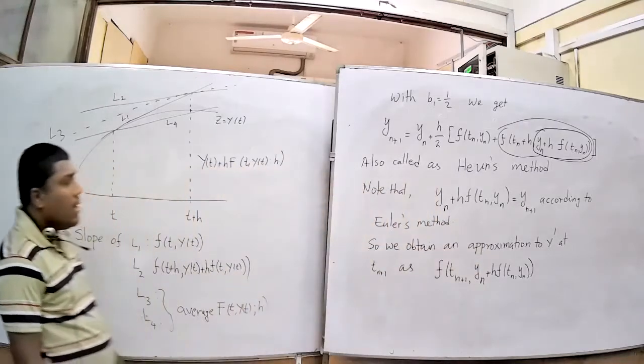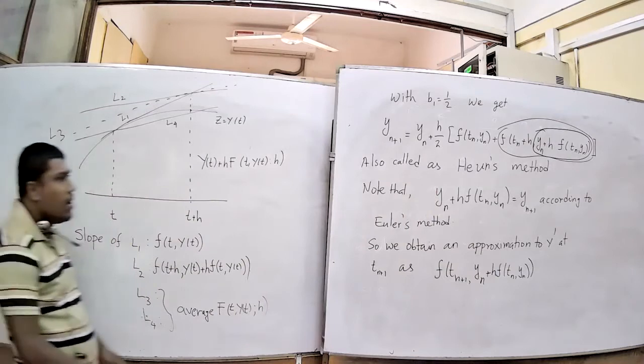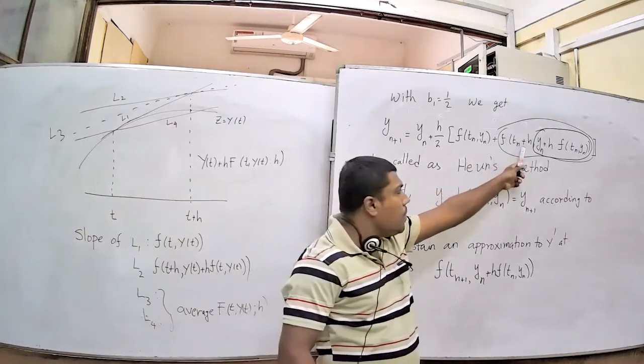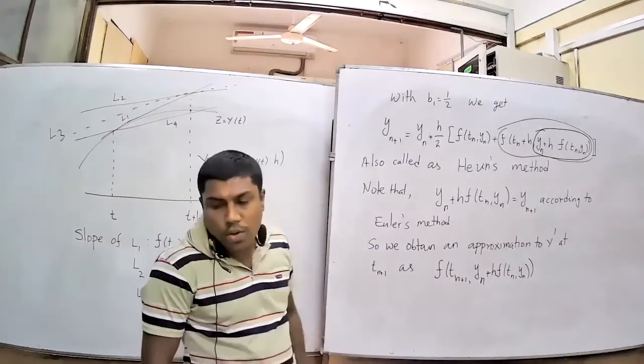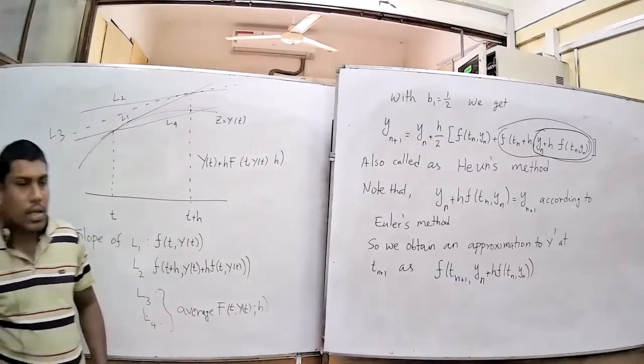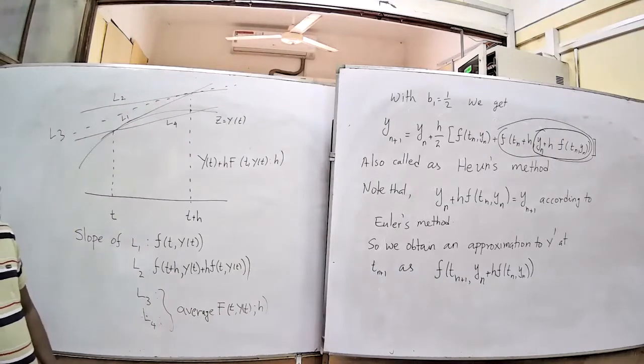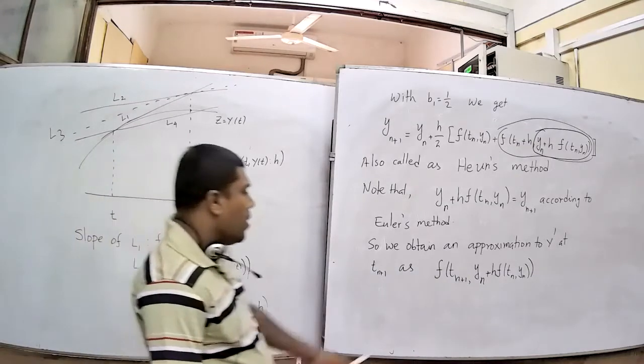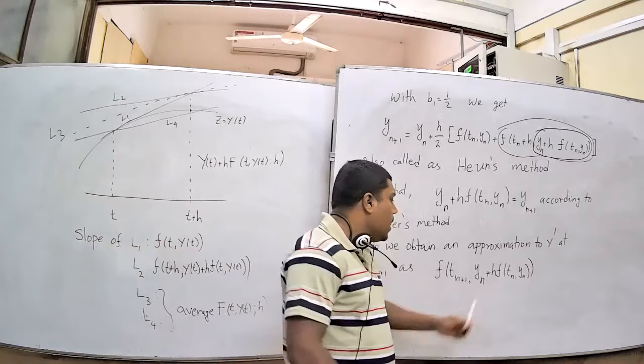So t n plus h is basically t n plus 1. You all know that because that is how you choose h: h is the step length. So t n plus h is basically t n plus 1, and this one is basically y n plus 1.